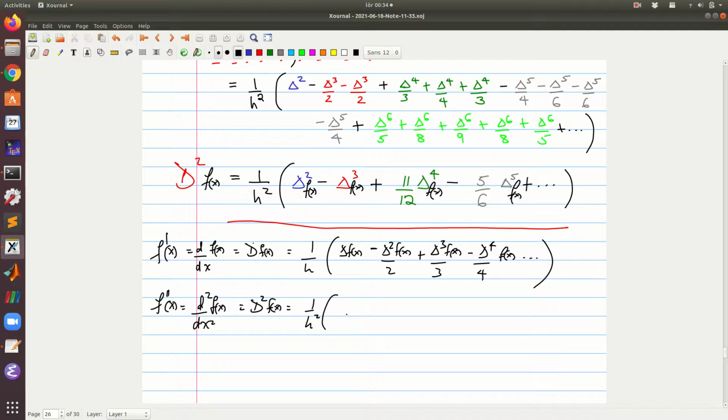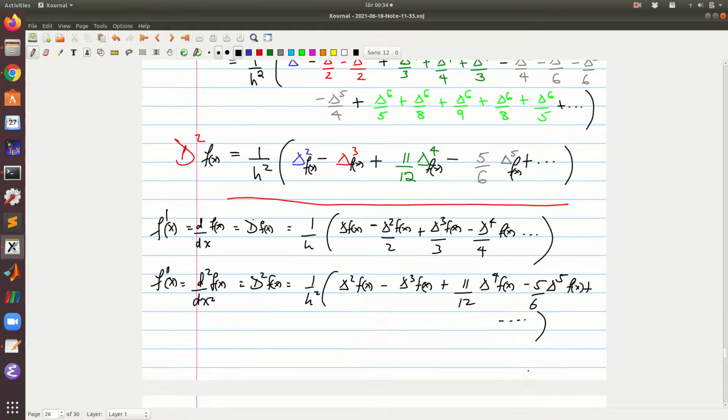So it is 1 over h squared, second forward difference, minus the third forward difference, plus 11 over 12, the fourth forward difference, minus 5 over 6, the fifth forward difference, plus, and so on, okay.